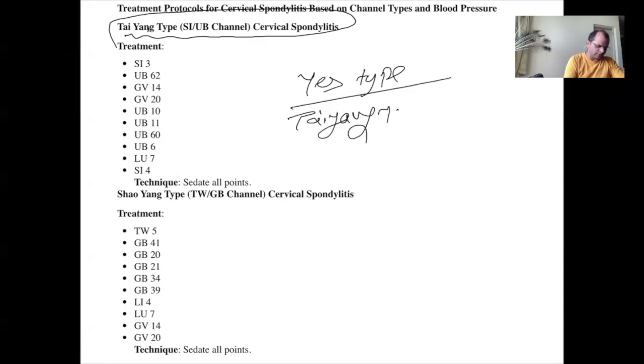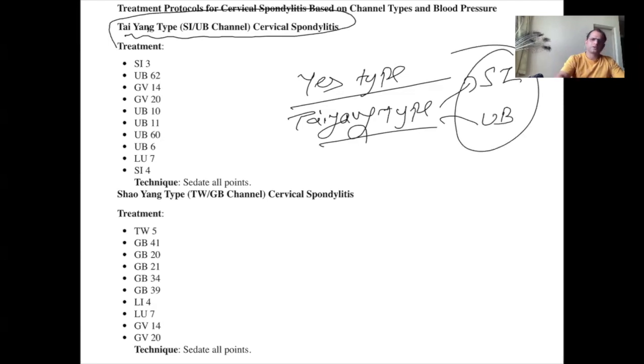Tai Yang type, because Tai Yang means small intestine and the urinary bladder. SI and UB exactly supply the back part. So number one, we are starting the treatment with SI3 and urinary bladder 62.